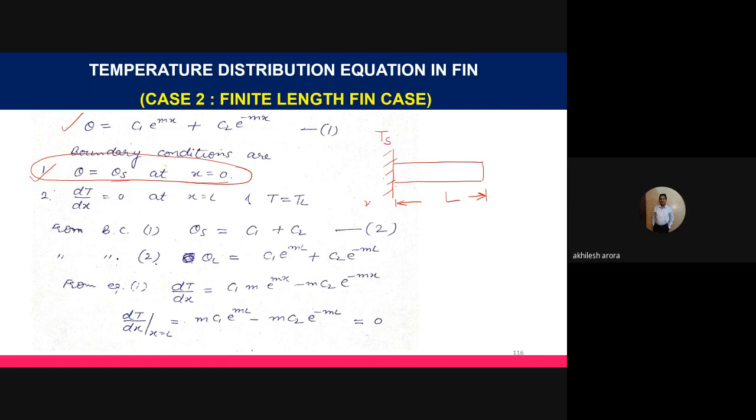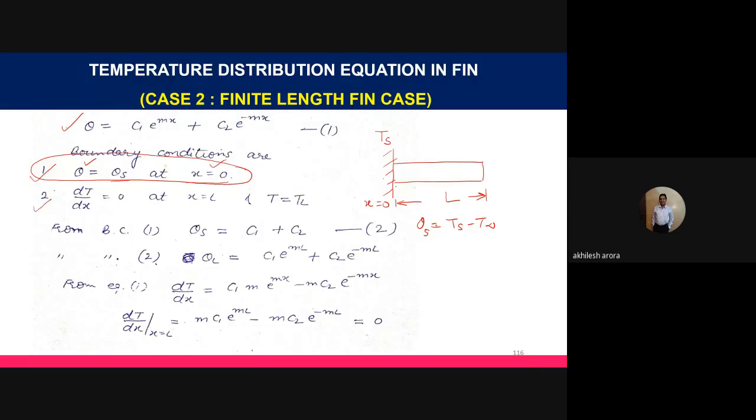So at x is equal to 0, the value of theta is equal to Ts minus T infinity, and so we can call this theta as theta s. So we say theta is equal to theta s at x is equal to 0.